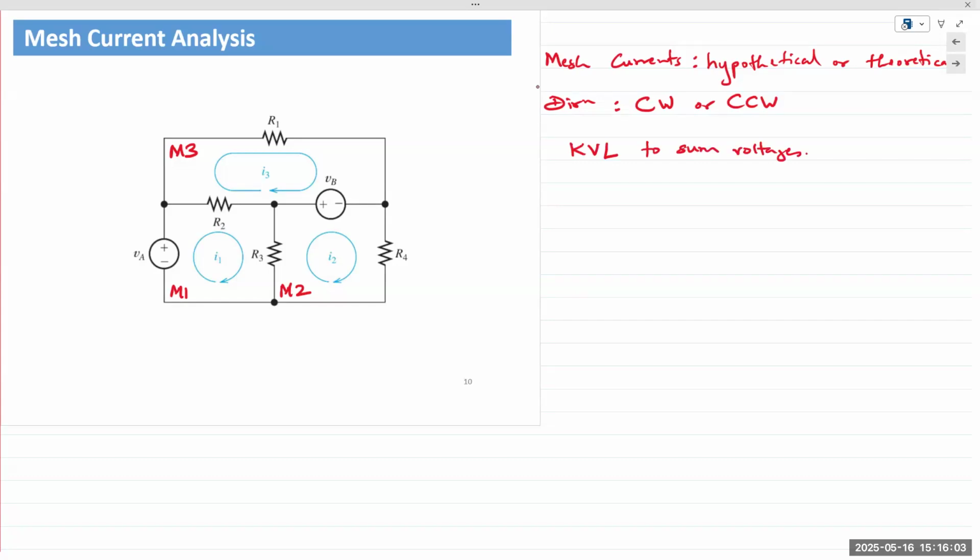Okay. So if we look at these meshes, let's say mesh 1, for instance, what do we see in mesh 1?